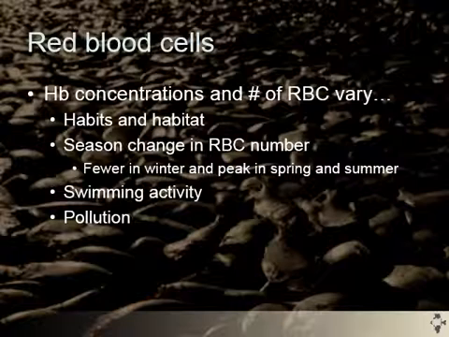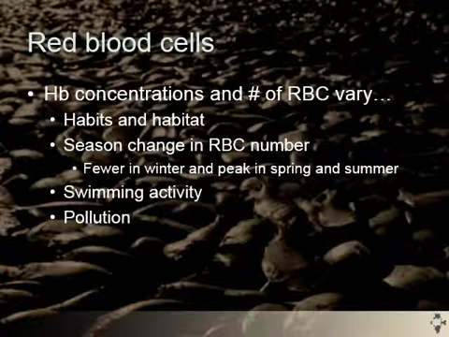So habits of the fish, so their activity levels, will influence both of these things, hemoglobin concentrations and the number of red blood cells. Generally speaking, fish with higher activities tend to have more red blood cells and higher hemoglobin concentrations within them to facilitate that high level activity and ensure rapid oxygen acquisition and delivery.